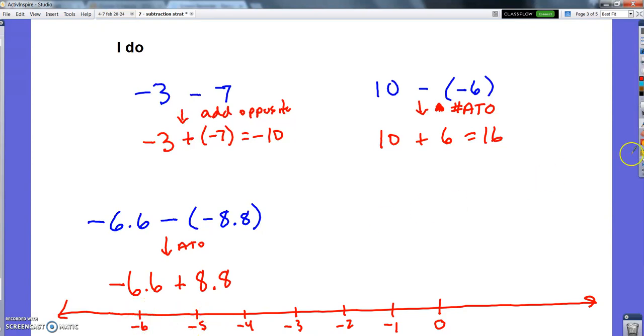Good practice for me. So I'm going to start at -6 6/10. And I'm going to go 1 to -5 6/10. 2 to -4 6/10. 3 to -3 6/10. 4 to -2 6/10. 5 to -1 6/10.